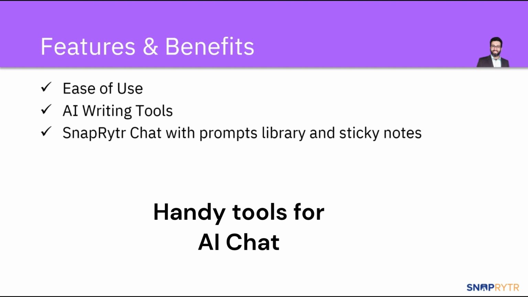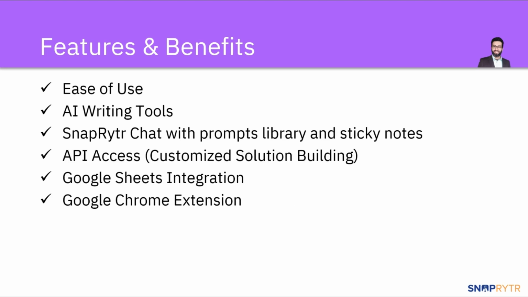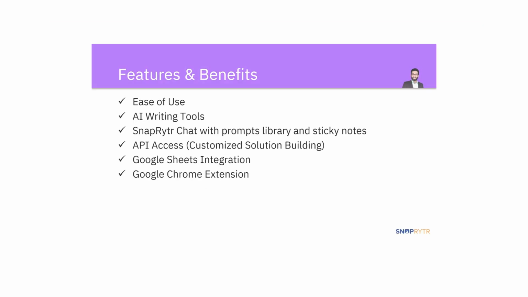It has an inbuilt prompts library as well as a facility to save your frequently used texts as sticky notes. It's quite a practical way to chat with an AI bot that requires a lot of information to generate accurate texts. SnapRytr also provides API for developers so that they can build their own AI chatbots and customized workflows. This API can be used in Google Sheets, Google Chrome extensions, or anywhere in your custom environment.